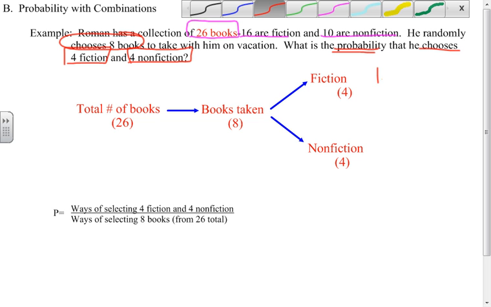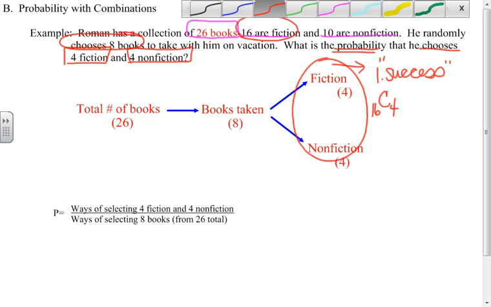So how do we define our success? Well, our success is going to be this. So that is a combination. That's from a previous lesson. So what are the numbers of successes that could happen? Well, I have 16 choose 4 combinations for his fiction books, multiplied by 10 choose 4 combinations for his nonfiction books.